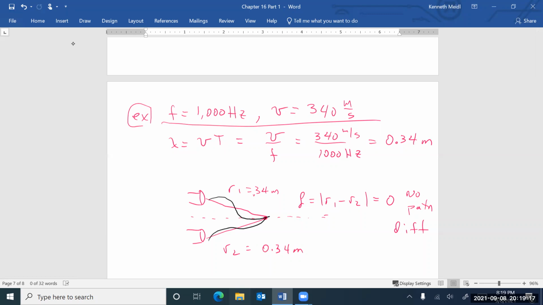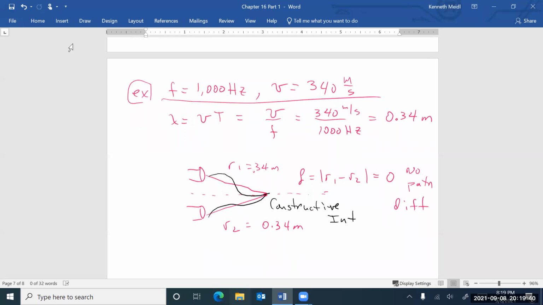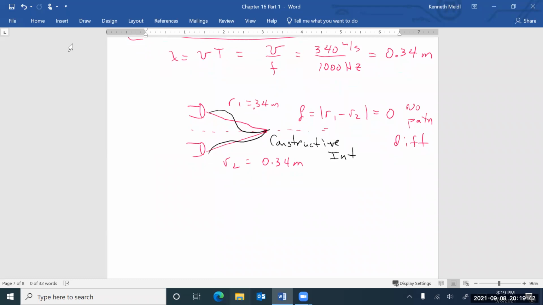This is a spot that is loud. This is constructive interference here.